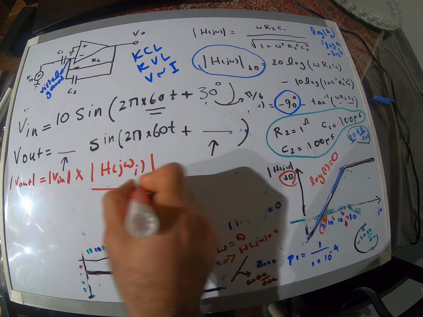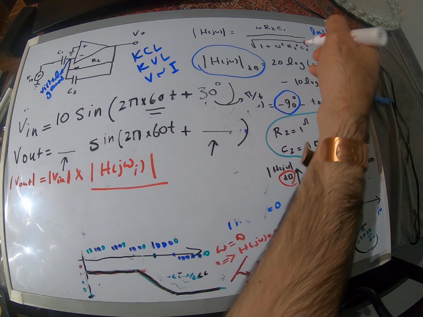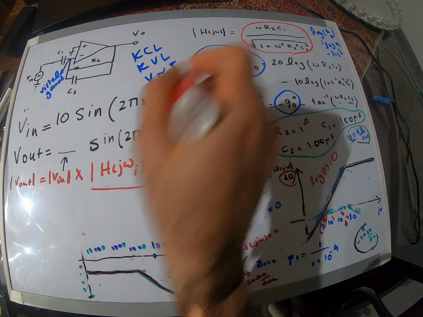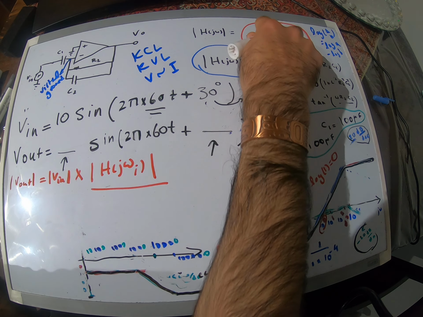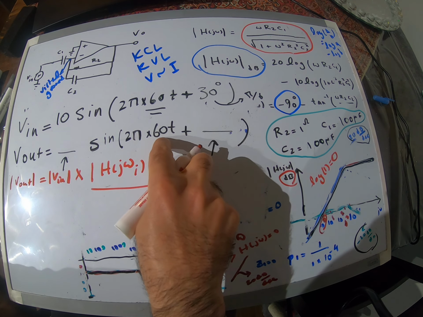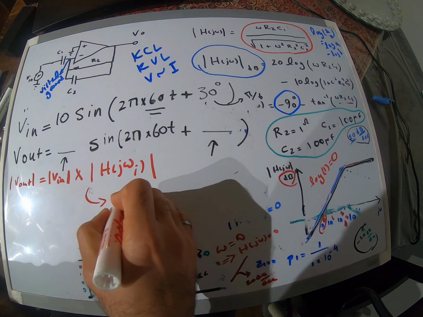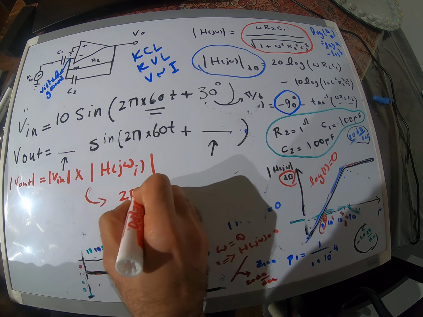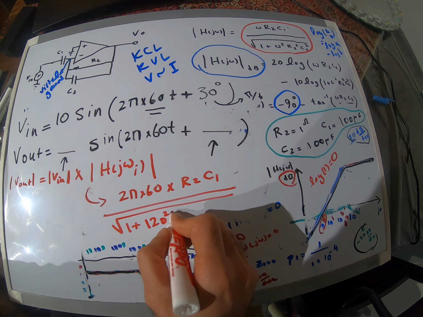What is this one? We already calculated it, right? We don't look at the dB in this case, we just look at the actual value. So if I replace omega with 2 pi times 60, I would have the magnitude here. It's going to be 2 pi times 60 times R2 times C1 divided by the square root of 1 plus, I'm just going to write down 120 squared times pi squared.